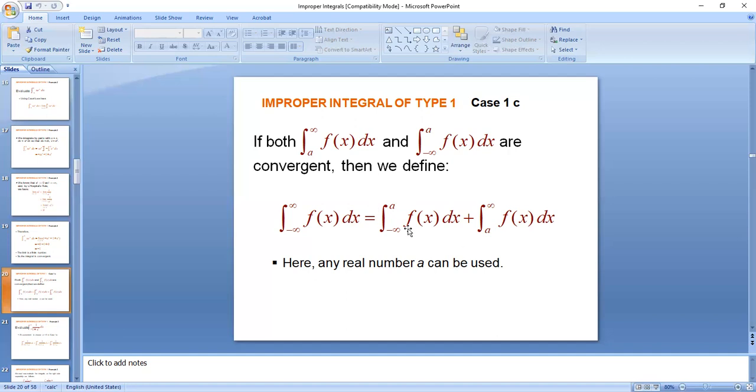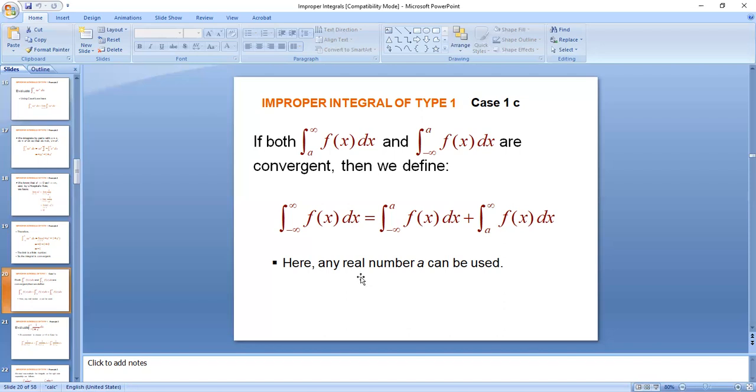Anyhow, this A, or any letter that you want to place in lieu of A, should be a value between an infinitesimally small number and an infinitesimally large number, which is infinity. So 0 is in between, and you're not violating any rule with that.